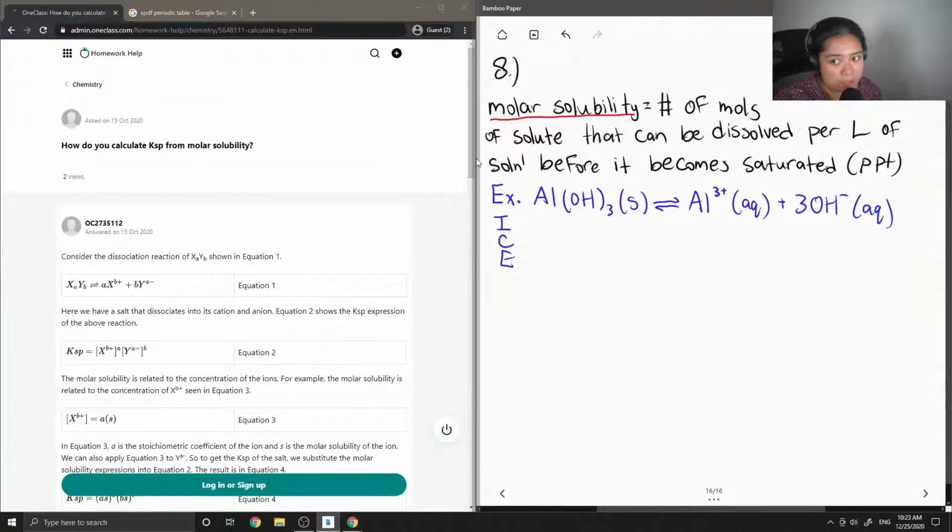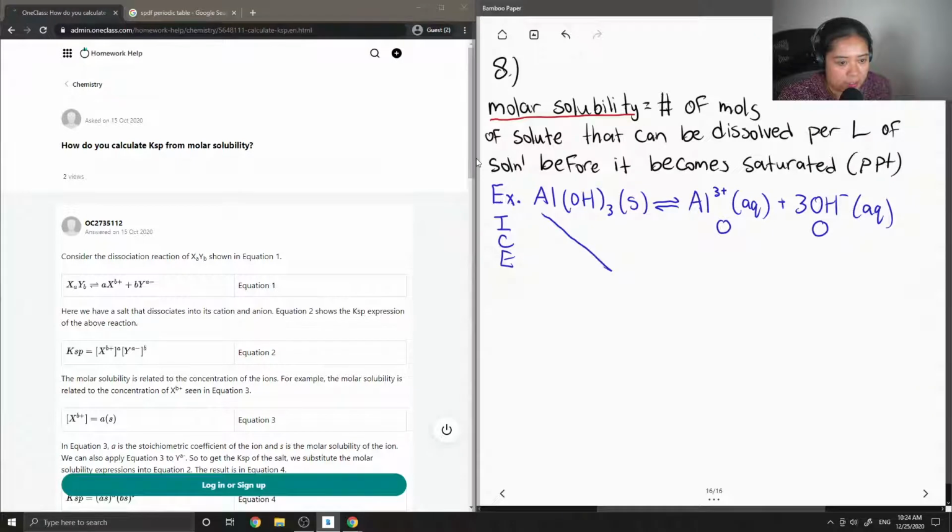So when we have a solid, the solid isn't included in the ICE table, and we're only interested in the ions in the aqueous solution. So the initial concentration of these ions, since they are products, they start off with 0. Since when we have a reactant at the start of the reaction, it doesn't form any product yet, that's why its initial concentration is always 0.